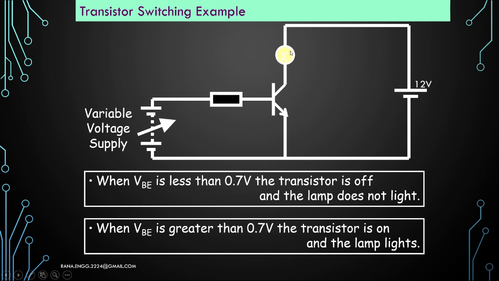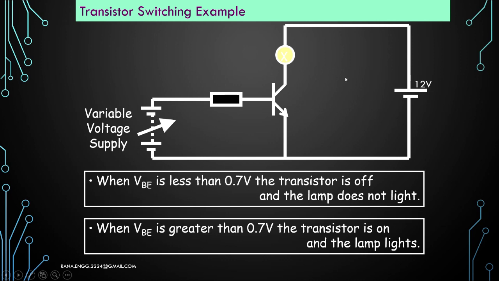So if we connect some bulb here, it will glow when our voltage goes above 0.7 volt, because the depletion region wall strength is 0.7 volt. We have discussed it in the PN junction diode video. Those who are not familiar with this concept can watch the PN junction part 1 and part 2 videos. So this is about the switching action as well as the input voltage and input current.